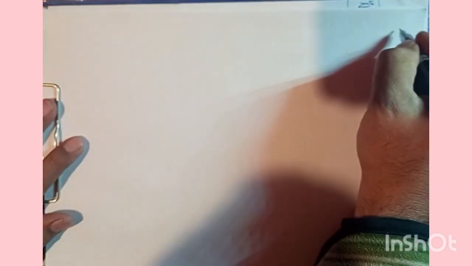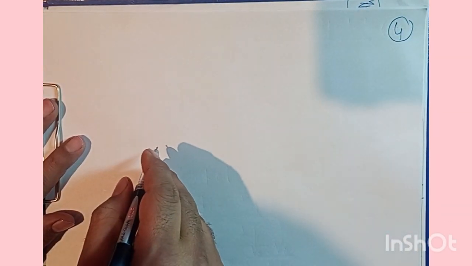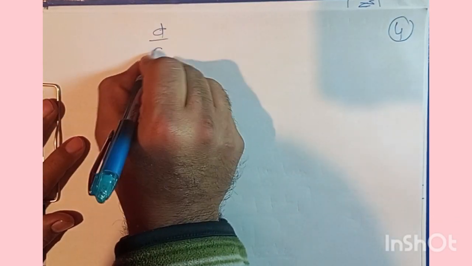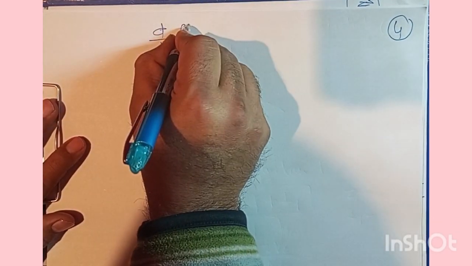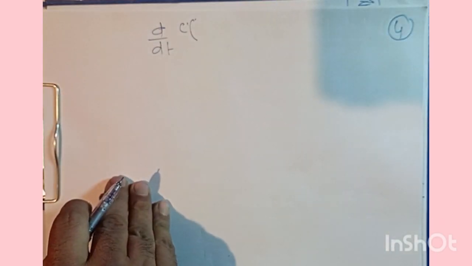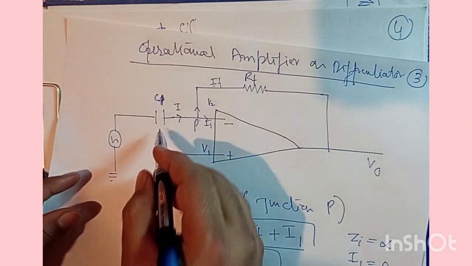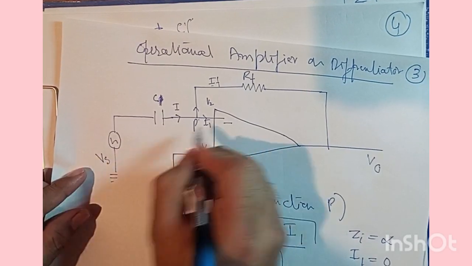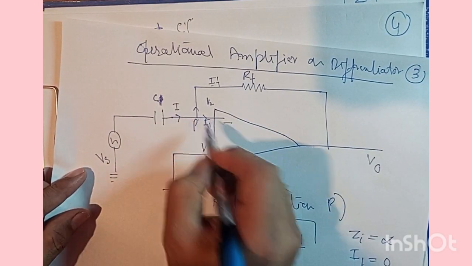Now here we have dq. Now I can write d by dt of CV. But what is V here? Here V is Vs minus V2.